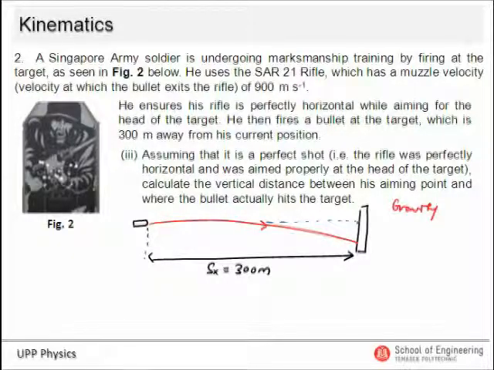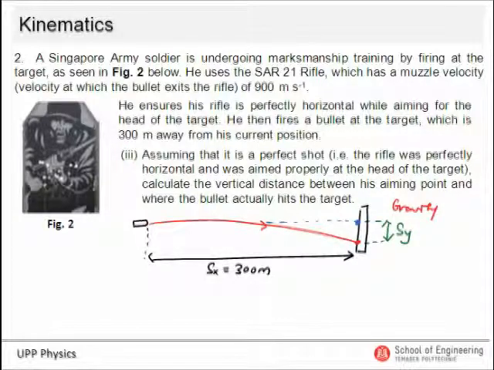So this is his aiming point, indicated in blue dot here, and the actual point where the bullet hits the target is indicated by the red dot. So in between, this distance is the vertical distance, s_y, we need to calculate.